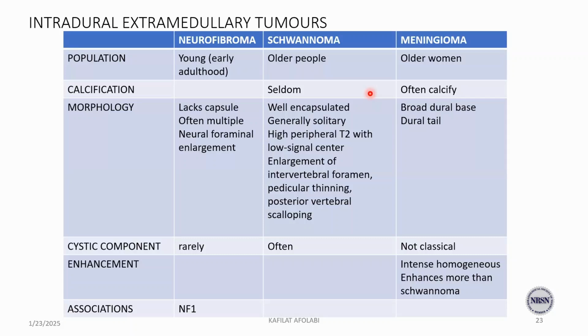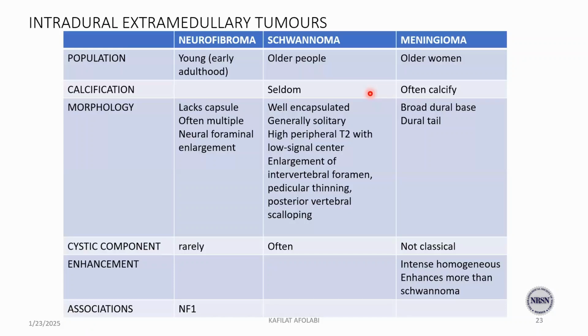Both neurofibroma and schwannoma can enlarge the neural foramen, can expand it, and because they are slow-growing lesions, they can cause all those bony changes, including posterior scalloping, thinning of pedicles, and all of that spinal tumors can do.